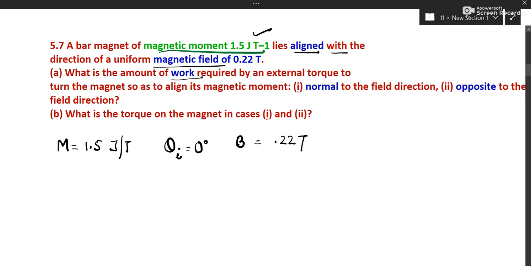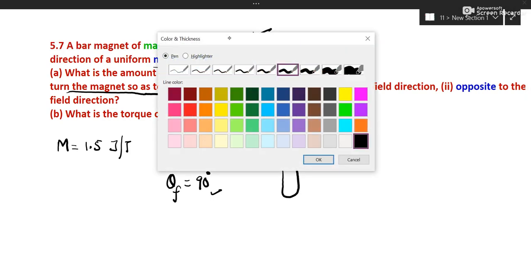What is the amount of work done by an external torque to turn it so as to align normal? So the final angle in the first case is normal. You have to get it normal now. We know the magnetic potential energy formula in terms of double angle.